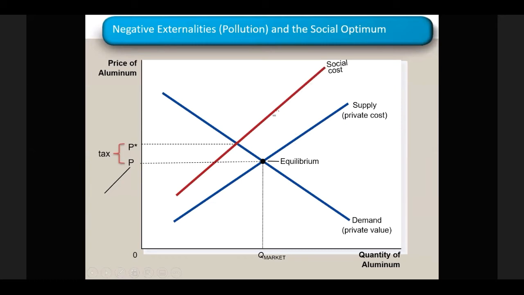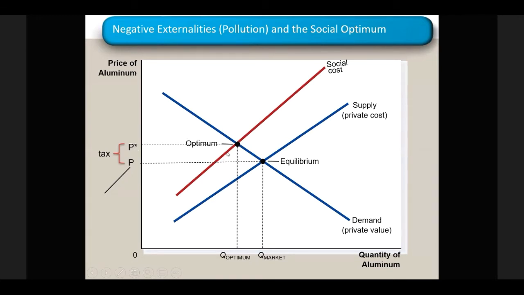So the higher curve here shows that the social cost is higher than the private cost. When the social cost is higher than the private cost, the optimal level is where we have Q optimum here and the price P star.